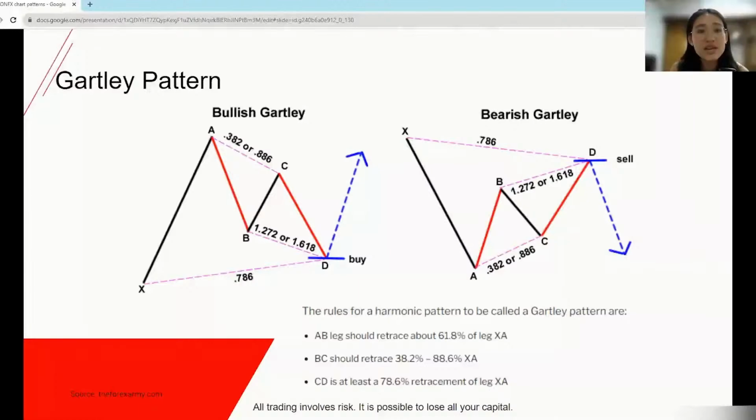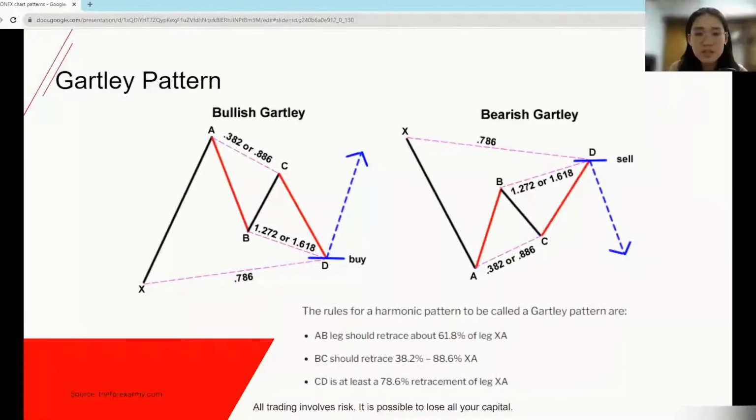Point C falls anywhere between the 38.2 or 88.6 retracement of the corrective leg AB, including all harmonic trading ratios that fall between these two constraints. So it can be 50, 61.8, 70.7, basically any Fibonacci level that's between these two numbers.